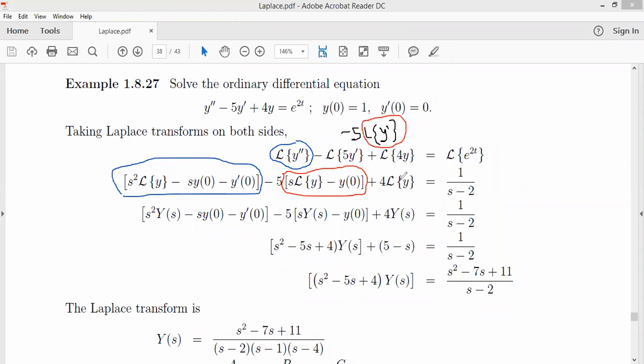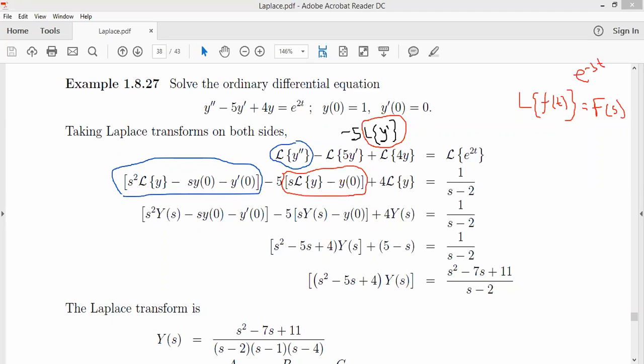Now we compute. We substitute now. Remember, when we say the L of f(t), this is the notation we have been using, guys. L of f(t) is the same as F(s), because by definition of Laplace, you have e to the minus st f of t.